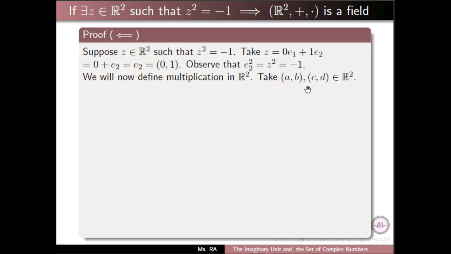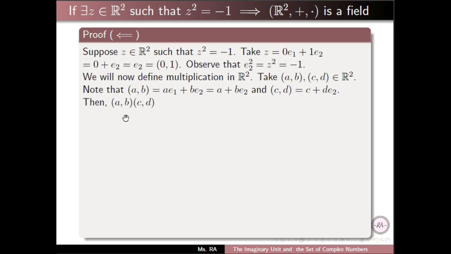Okay, so take the ordered pairs (a, b) and (c, d), which are of course elements of R2. Note that we can rewrite (a, b) and (c, d) this way, respectively.